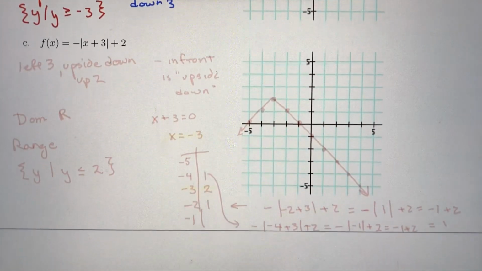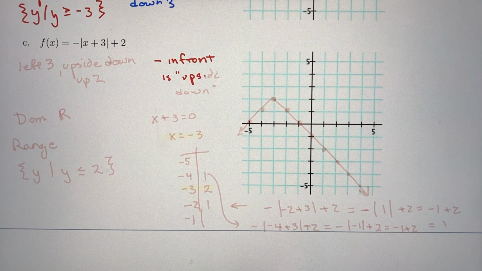Okay, the next thing, the negative flips you upside down. I'm going to set x plus 3 equals to 0, so it's centered at x equals -3. So when I build my table of values, I'll put -3 in the middle.